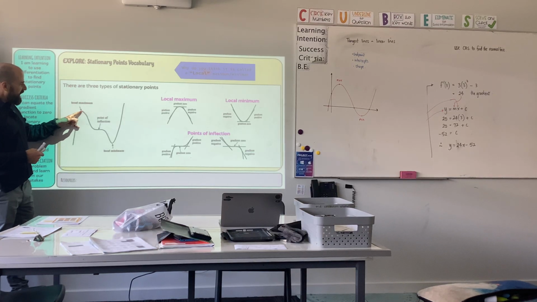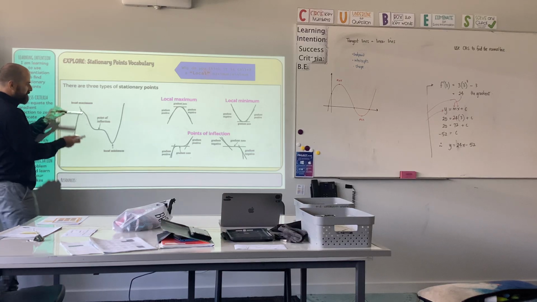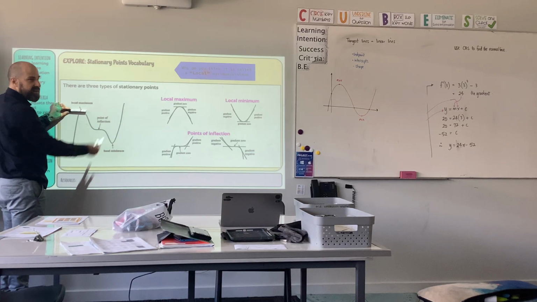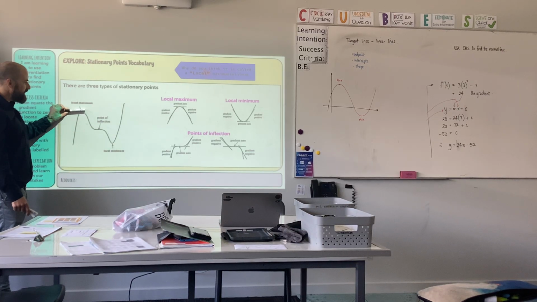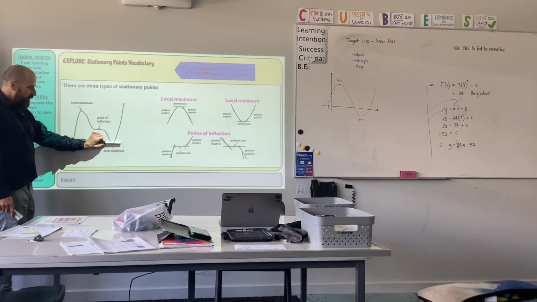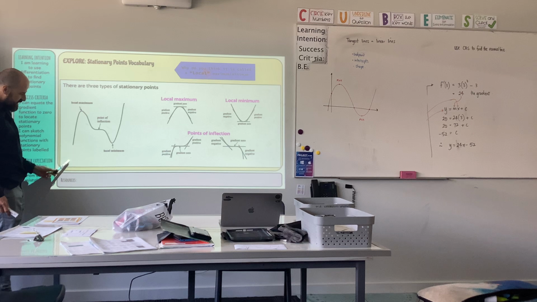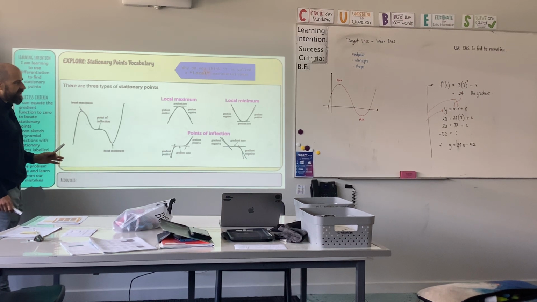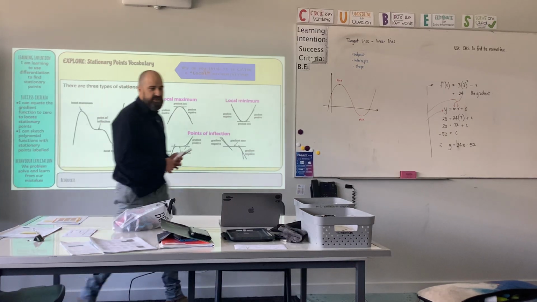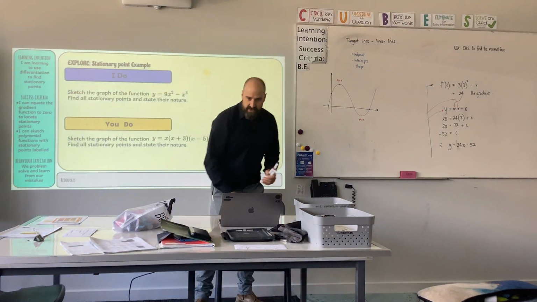So here, I can't call that the maximum because there's a point on the graph over here that's higher, isn't there? So this is only a local maximum. That point we can't call the minimum or the absolute minimum because there's a point over here that would end up lower. So when we use calculus, we're going to be finding the local maximums or the local minimums, and we're going to do that where the gradient's equal to 0.